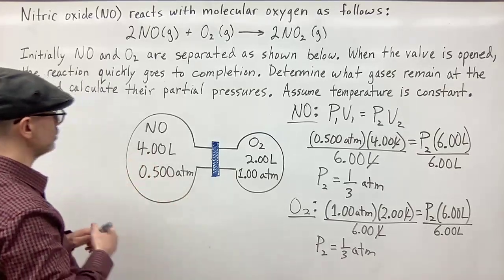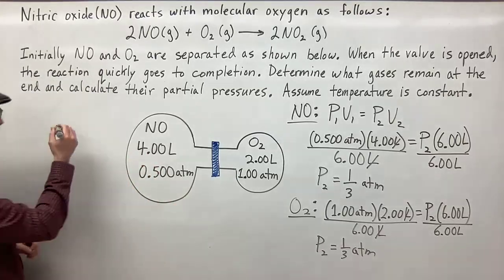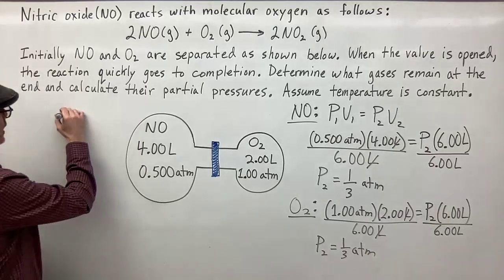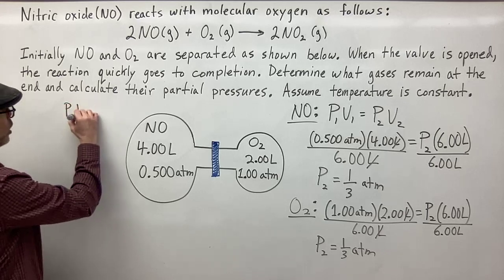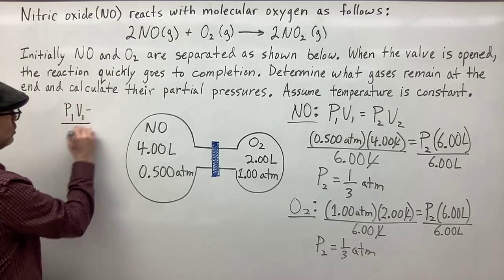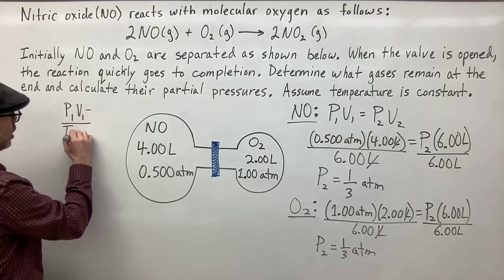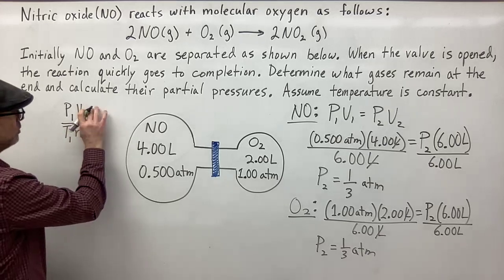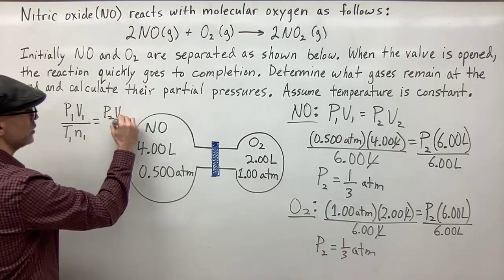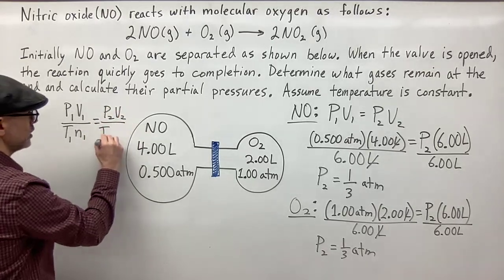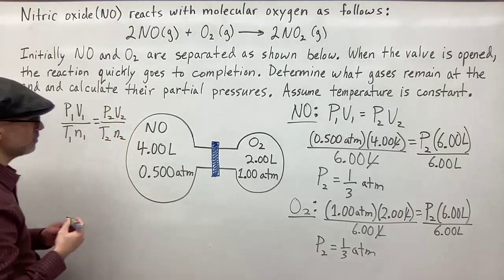Now, under those conditions, if we take the combined gas law equation, P1 V1 over T1 N1 is equal to P2 V2 over T2 N2.